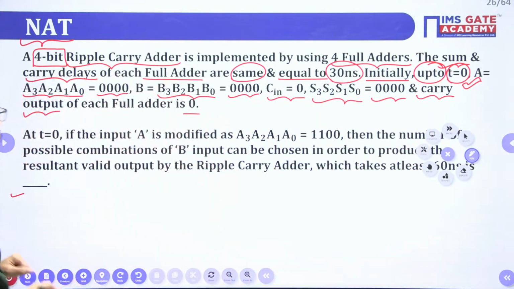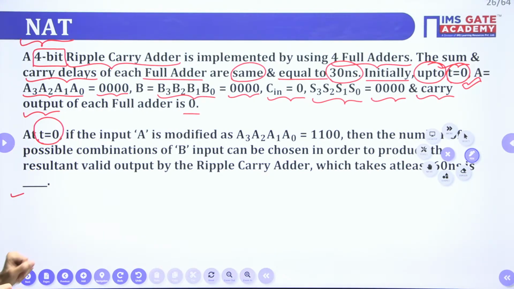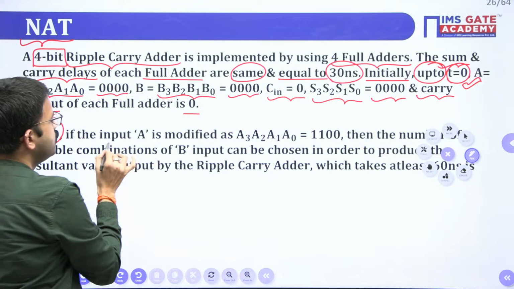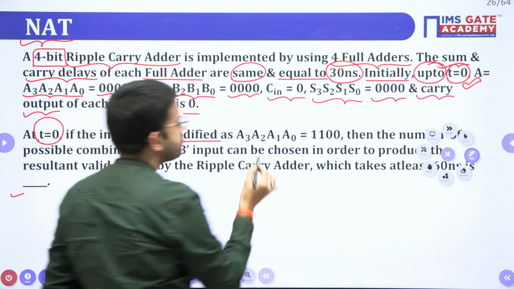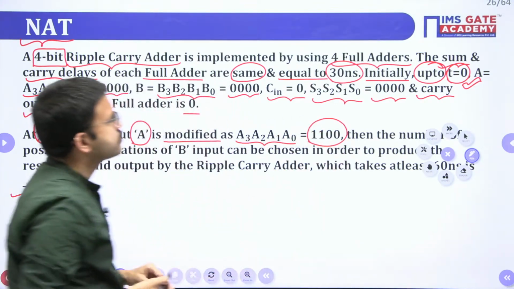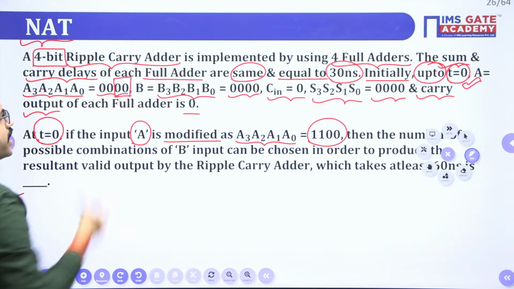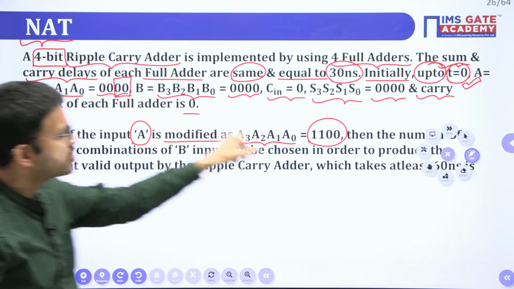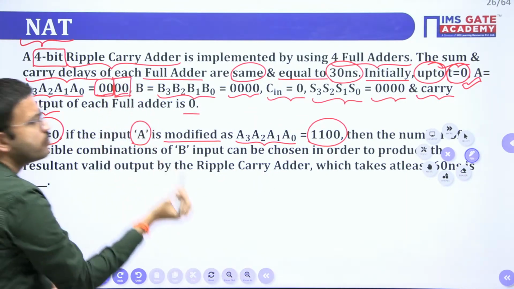Now, at t equal to 0 instant, what they have done is modify the input A as 1100. That means they haven't modified those 2 bits, which remain 00 only. The other 2 bits, instead of 00, they modified as 11.